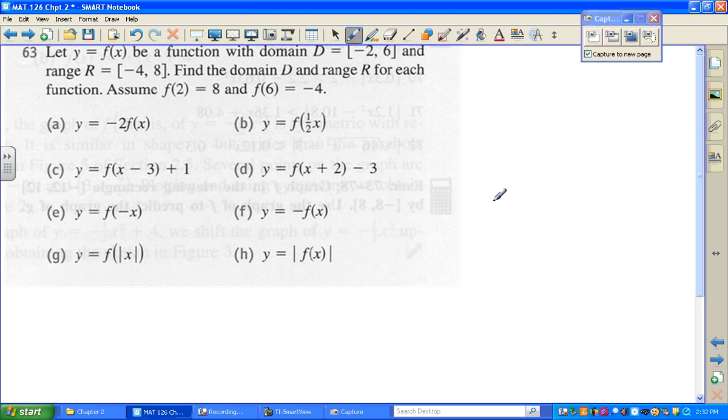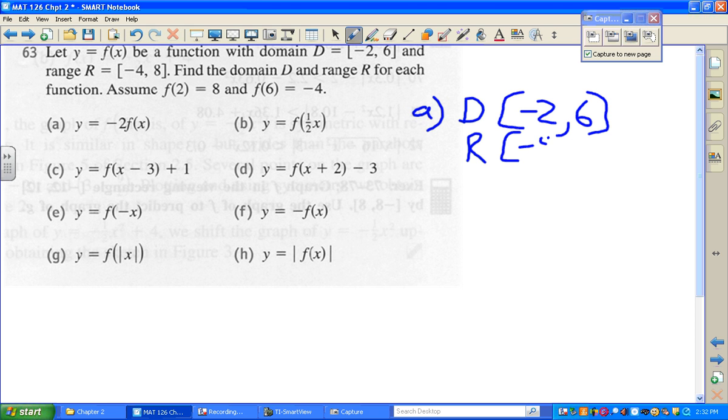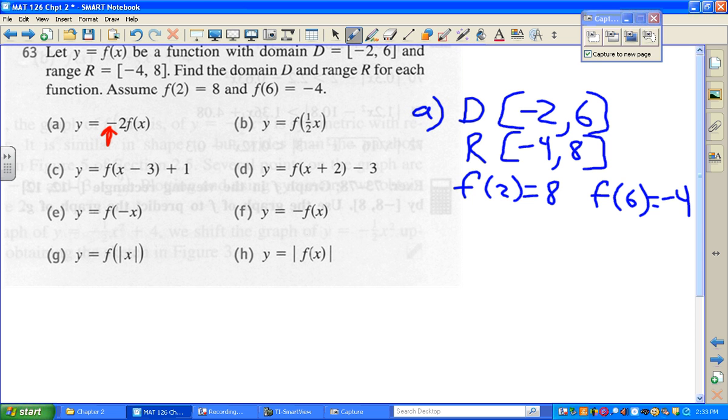All right, so for A. The original domain was -2 to 6, and the range was what? -4 to 8. The function value of 2 equaled 8, and the function value of 6 equals -4. So what happens if you put a negative out in front?